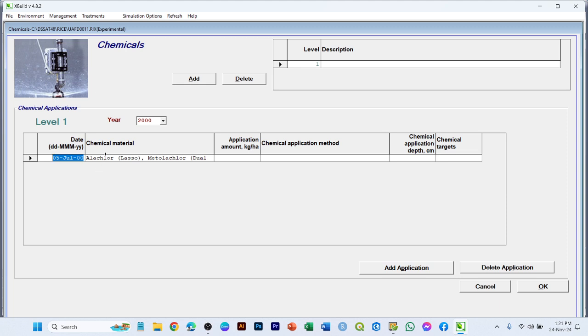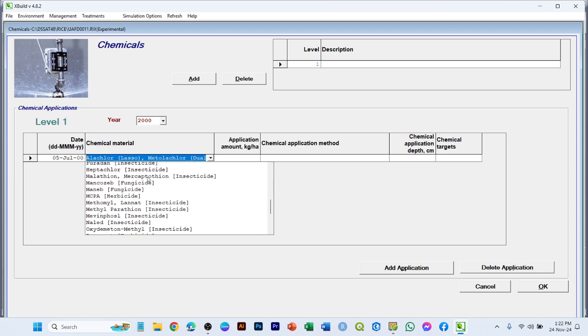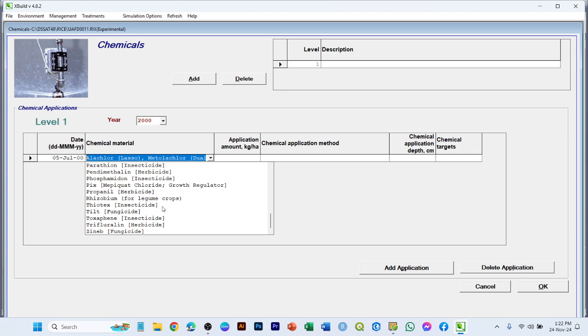Sometimes some experiments need only medium size, meaning grains and leaves, but these are different ones.